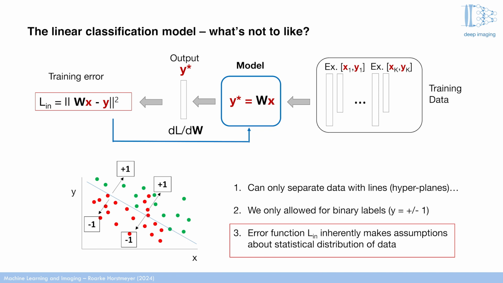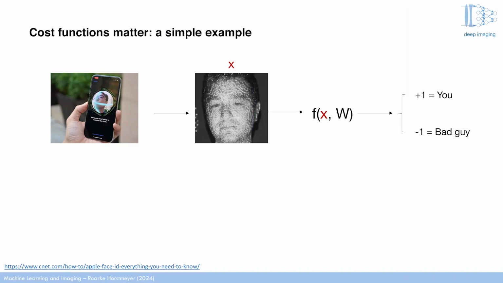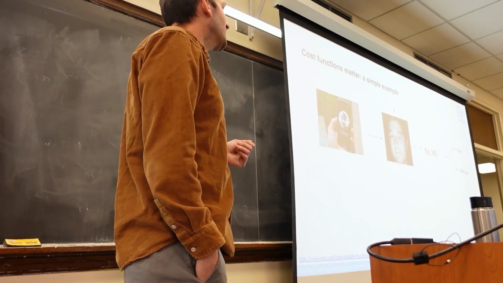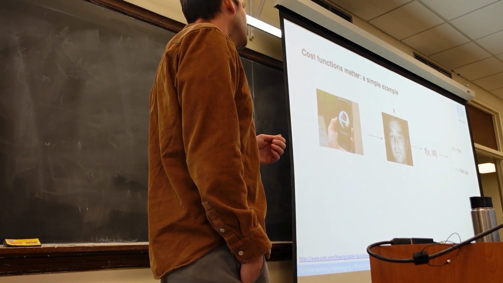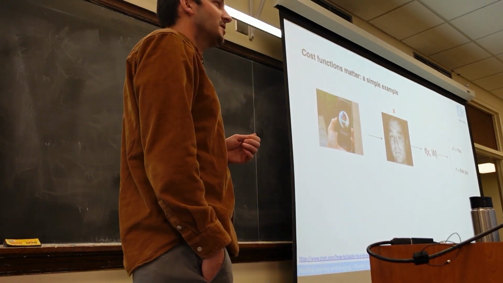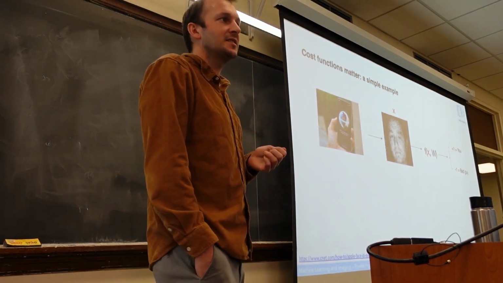So why is the loss function important? Here's a simple example. I made this example up, but it's probably mildly related to someone's job at Apple, or it used to be, because they already made this technology. So let's say you work at Apple, or Samsung, because I'm pretty sure Samsung has face unlock too. I'm not sure, I don't have a Samsung phone.